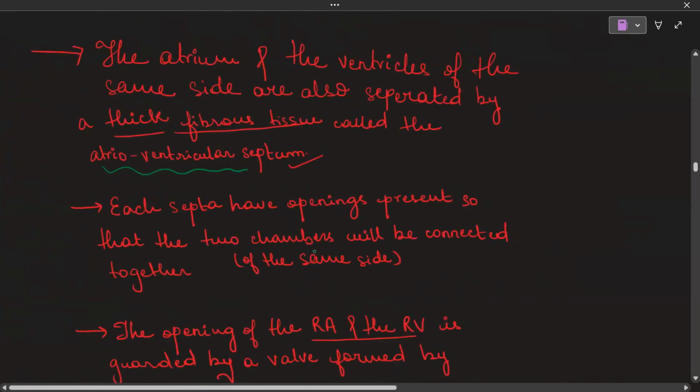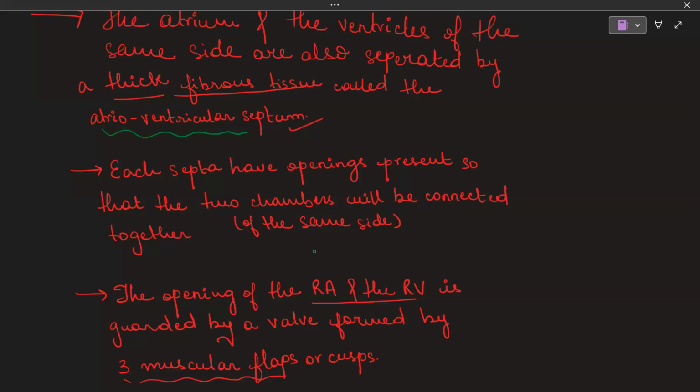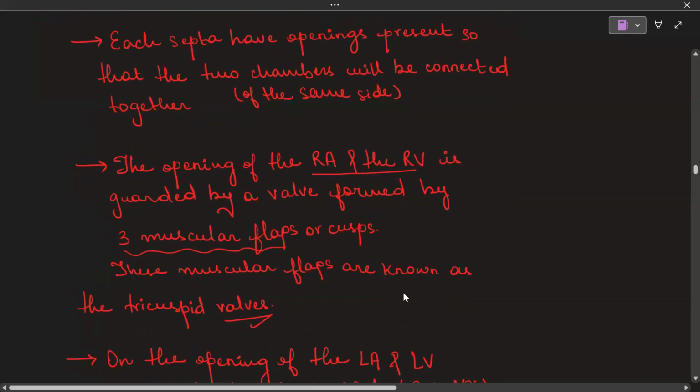Now, each of these septa has openings, so that the two chambers, apart from being separated from each other, are still connected. So certain openings are there. Now talking about the openings, the opening of the right auricle and the right ventricle is guarded by a valve.